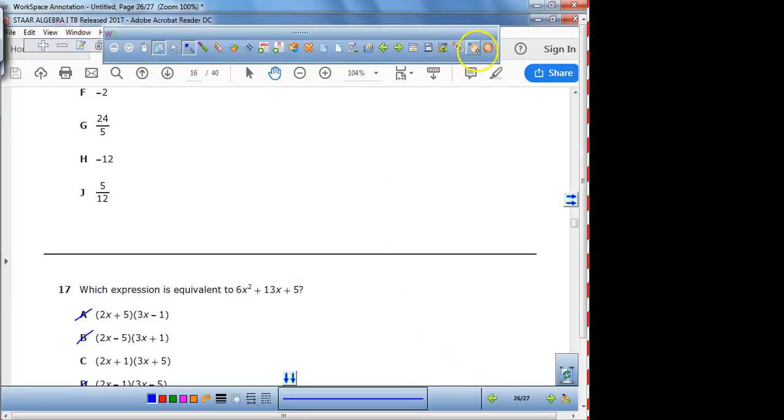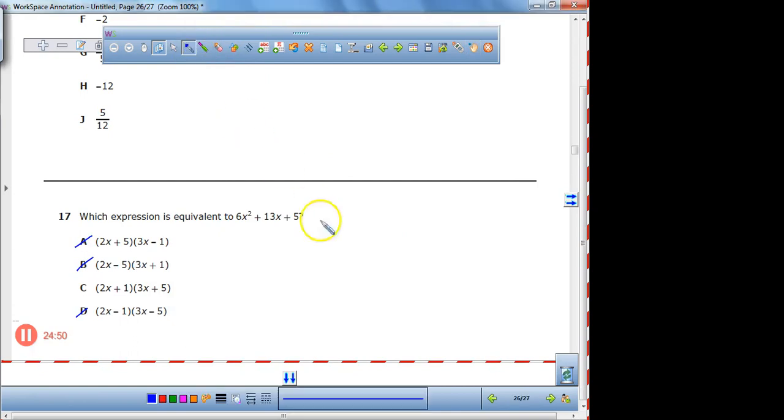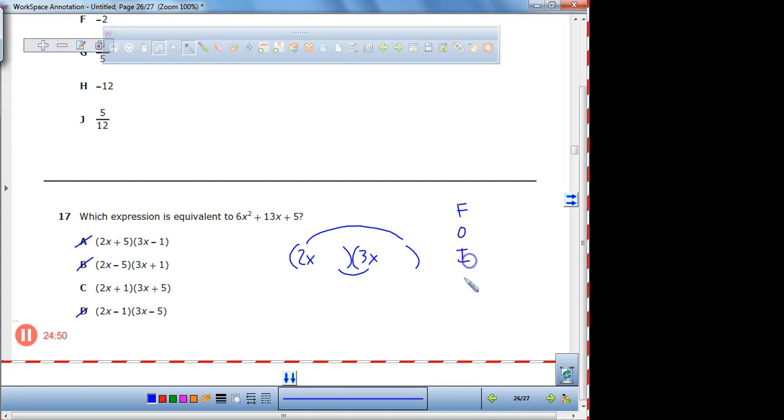Now, here's how I would like you to be able to do it by hand. You have to know how to do the FOIL method. They already told you the first two factors were a 2x and a 3x. But the most important are the outside terms and the inside terms, because in the FOIL method it's first, outside, inside, last.